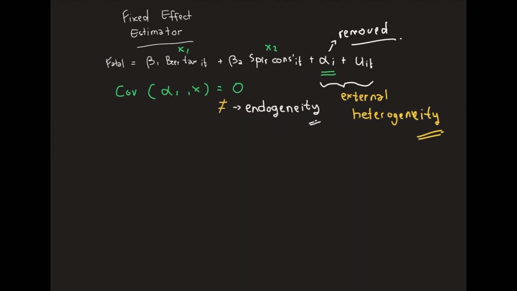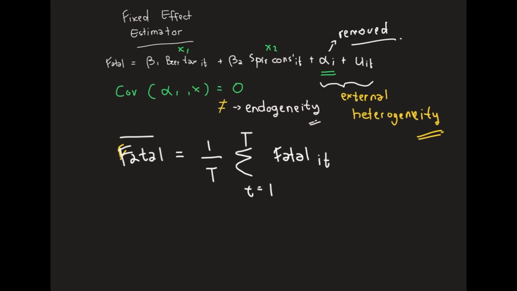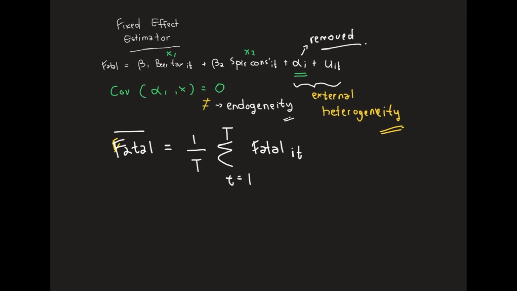Okay, let's say we want to take the average of fatality. Fatality bar here is the mean over time, starting from t equals 1, of fatality it. Okay, so if we take this example, it will be like what?